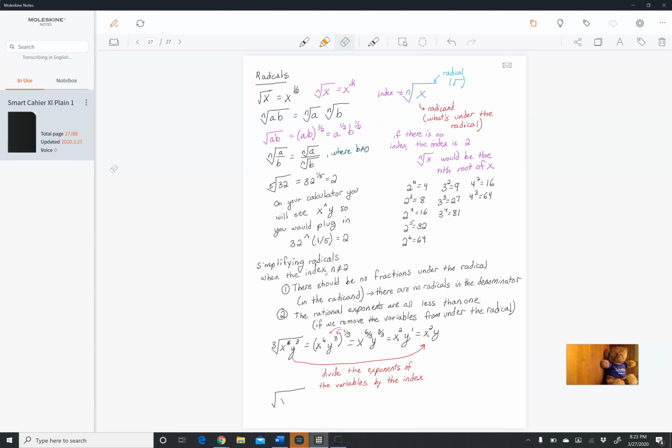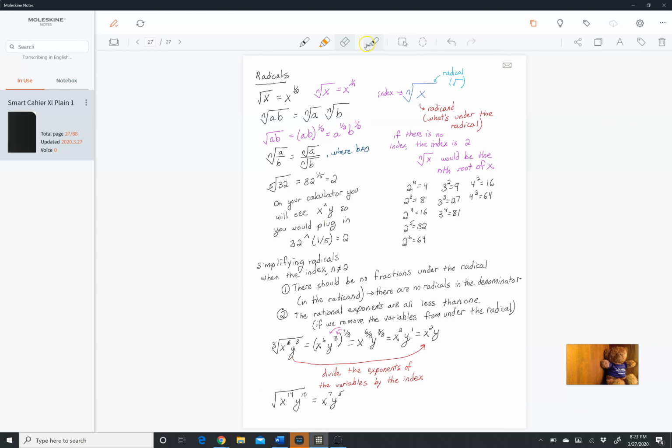Let's say that we had x to the 14th, y to the 10th. We can go straight from there to x to the 7th times y to the 5th. We took our exponents and divided by our index.